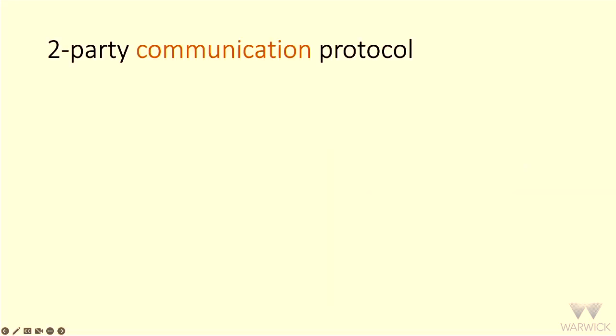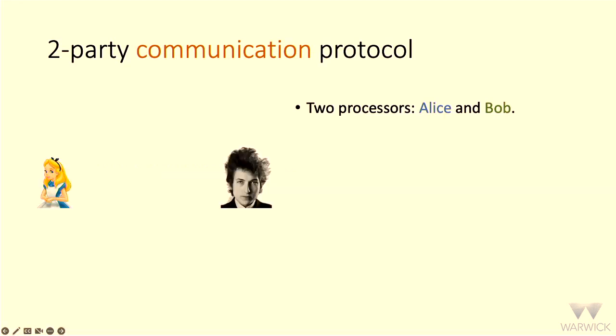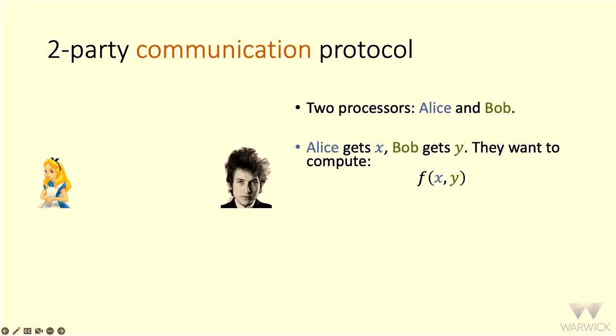So the model is a two-party model where we have two players, Alice and Bob, and they have input distributed among them. Alice gets X, Bob gets Y, but the function they want to compute depends on the joint input X and Y. So the only way they can do it is to communicate.